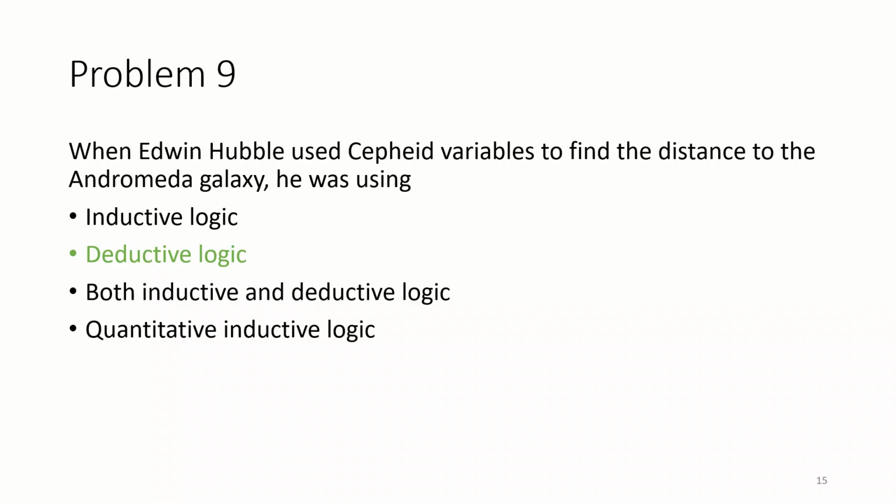Deductive, or both inductive and deductive. Every deductive should be inductive and deductive that way actually. But if they are taking an inductive truth and building upon that, that's why it's deductive.